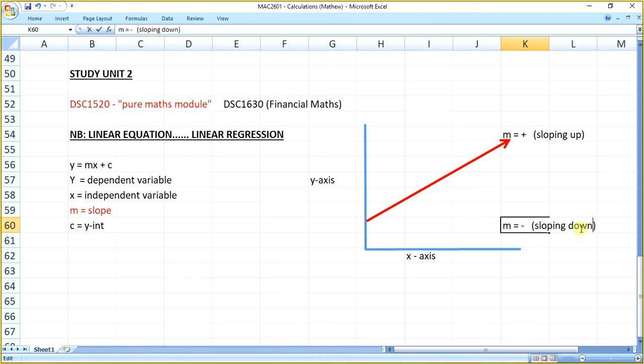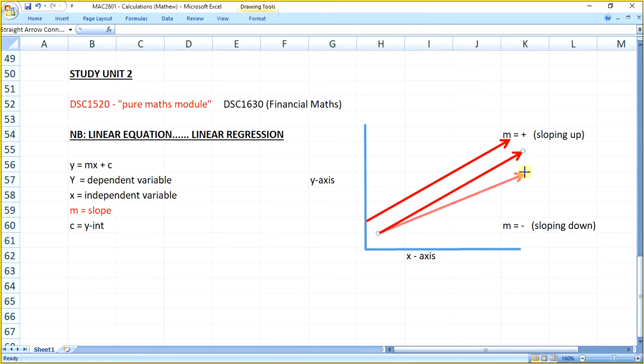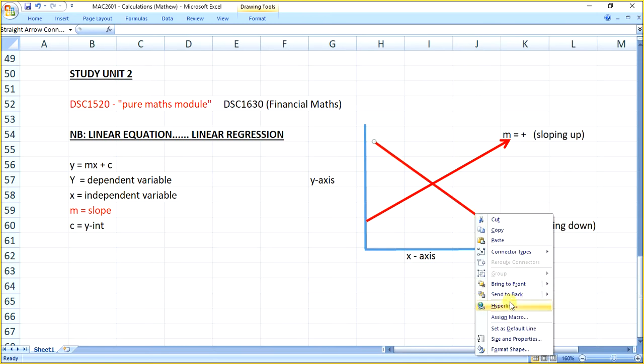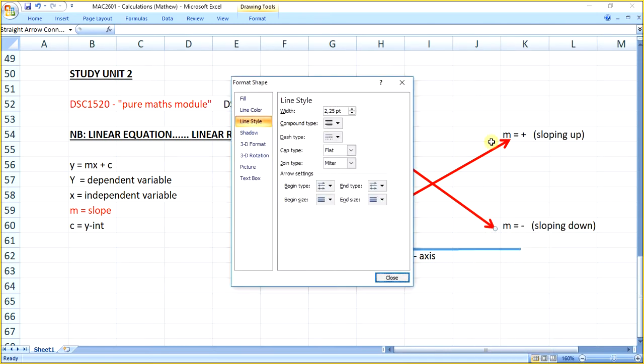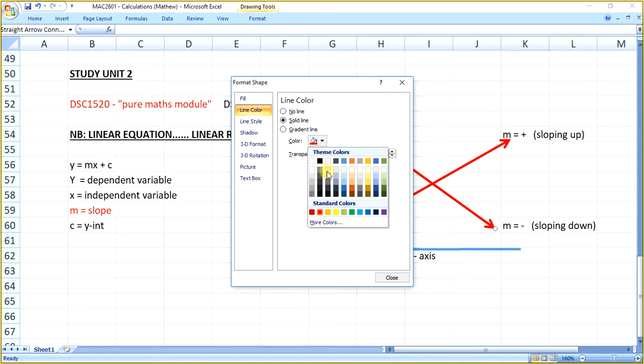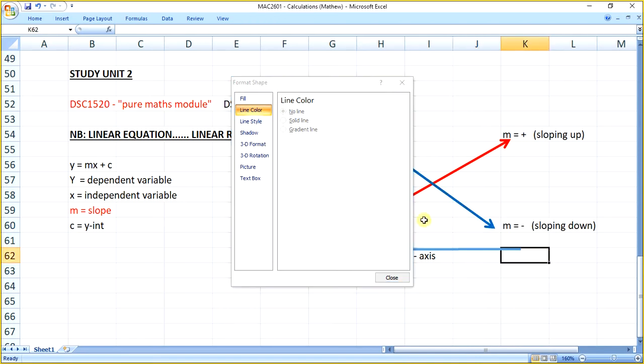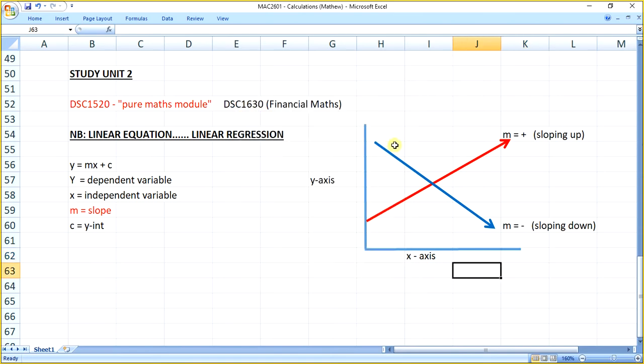So you get a positive and a negative slope. If I draw two lines, the one would look like that in terms of positive, and this one would be negative, sloping downwards. That's important to understand in terms of the gradient, the slope. If m is positive, it's upward sloping. If it's negative, it's downward sloping.